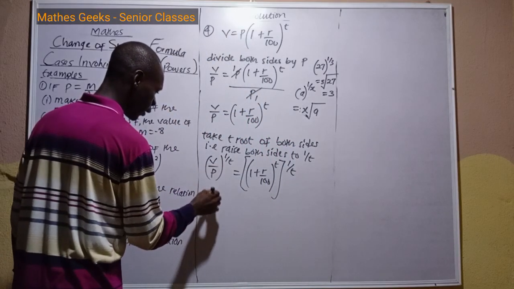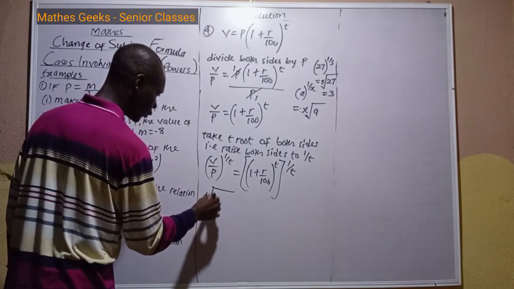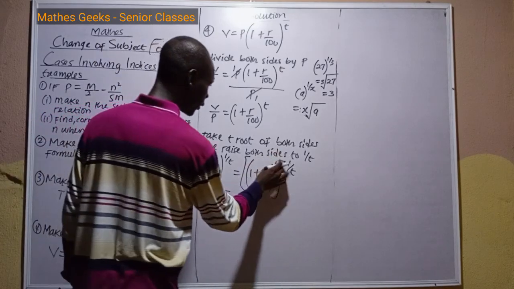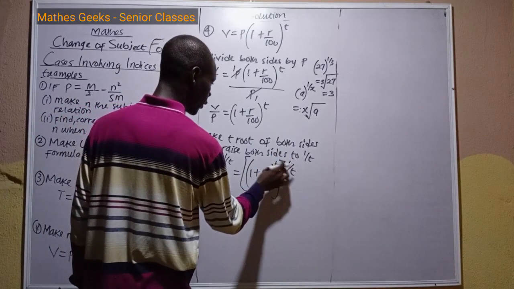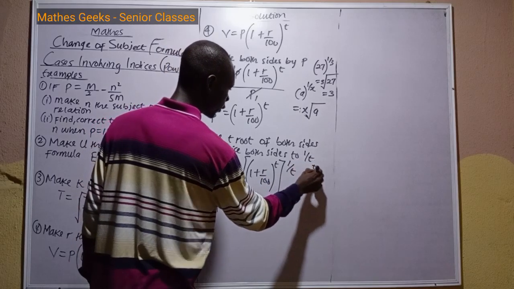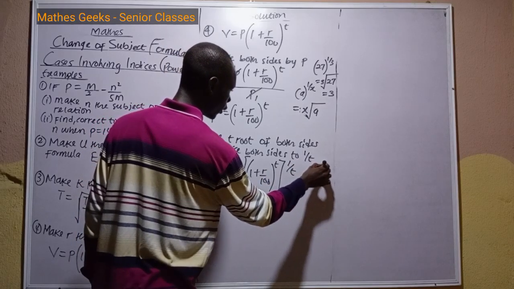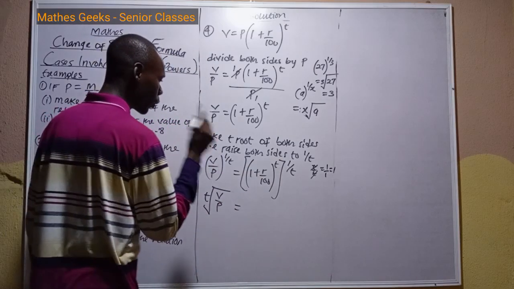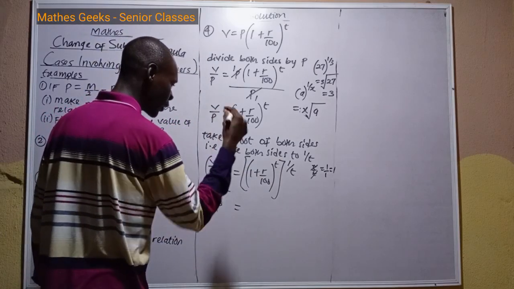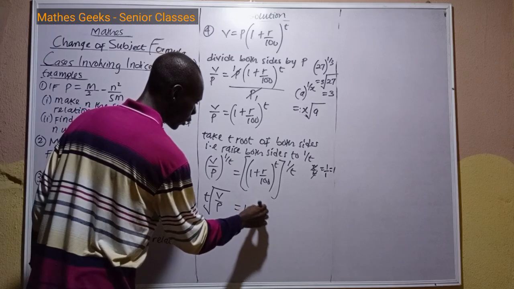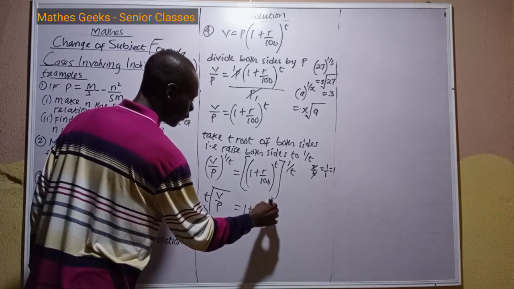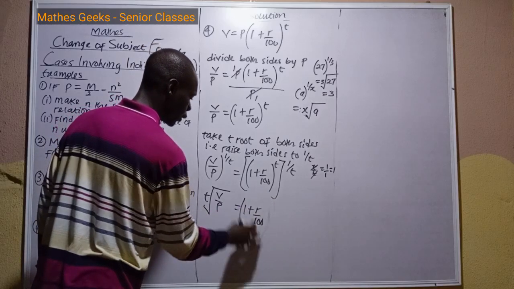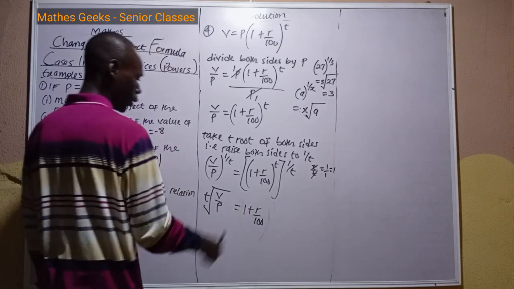So here we're going to have the T-th root of V over P equals, T times 1 over T is T over T. So T here 1, T here 1, 1 over 1 is equal to 1. So here we raise to power 1. And anything raised to power 1 from indices is equal to that same thing. So 1 plus R over 100 raised to power 1 will still give us the same value. So now we have this.